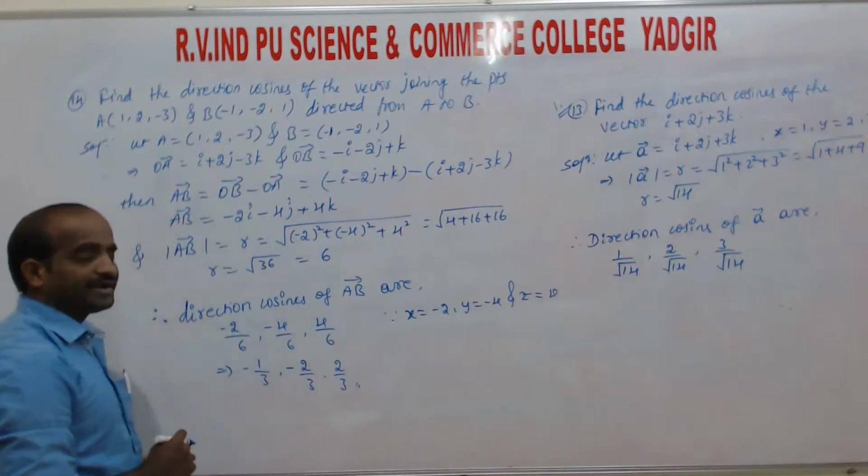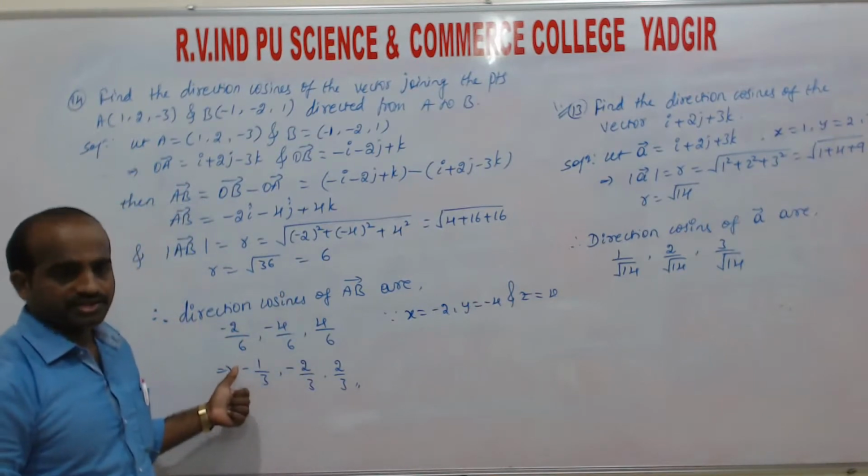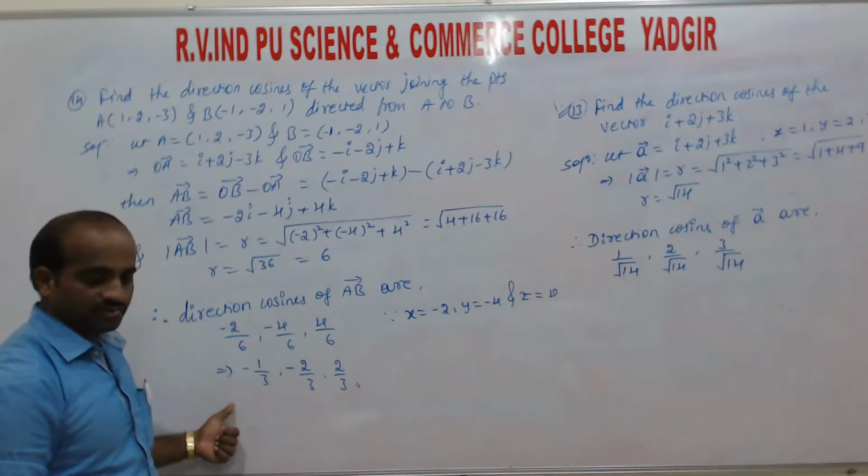These are the direction cosines of AB vector.